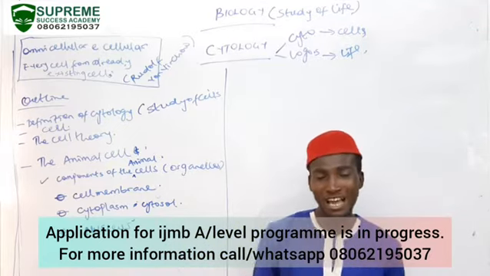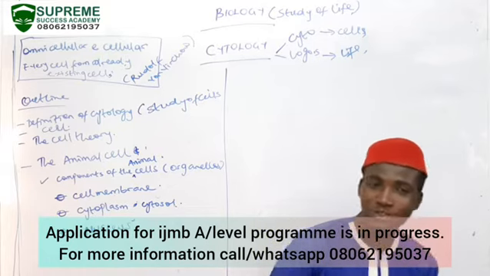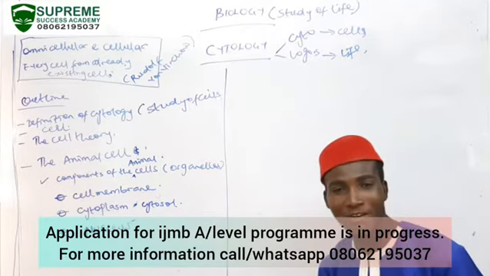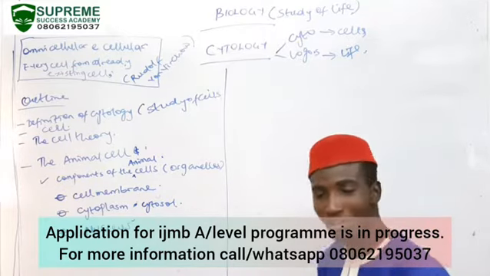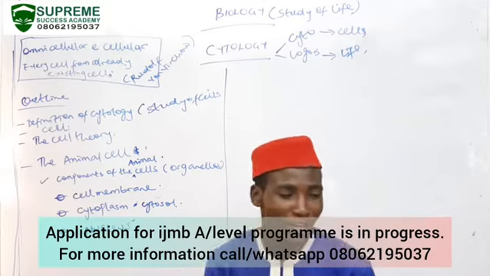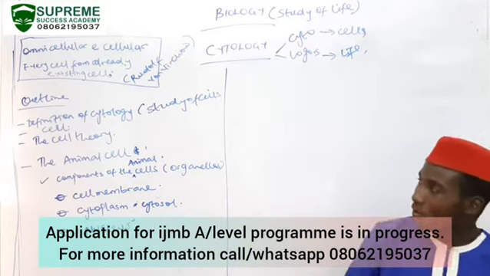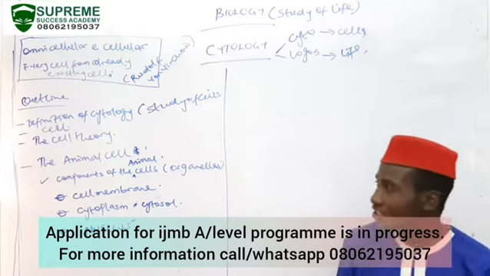All these different logies refer to the study of different things. For example, entomology is the study of insects, ornithology is the study of birds, ichthyology is the study of fish, and geology is the study of rocks. So cytology is the study of cells.